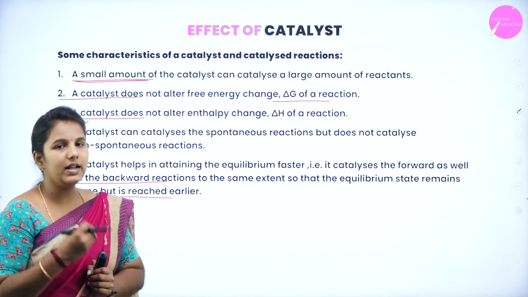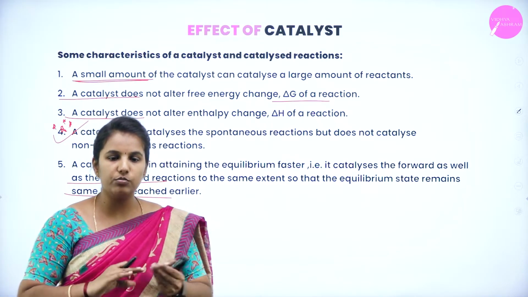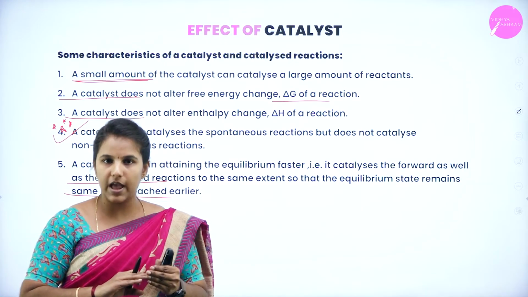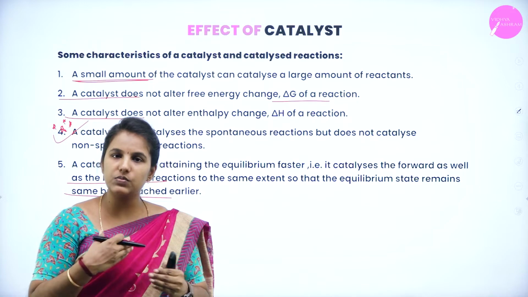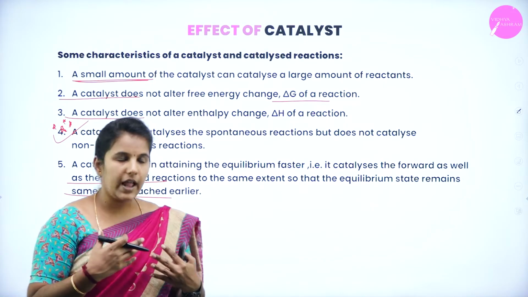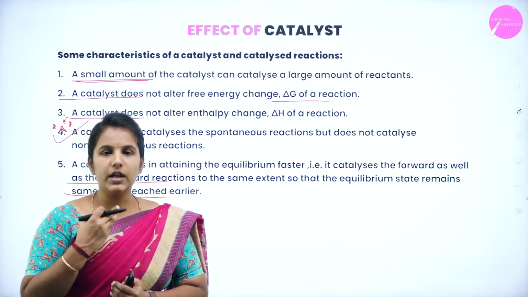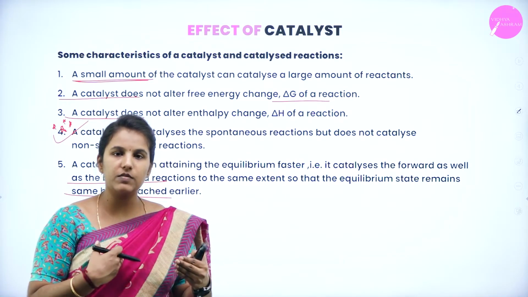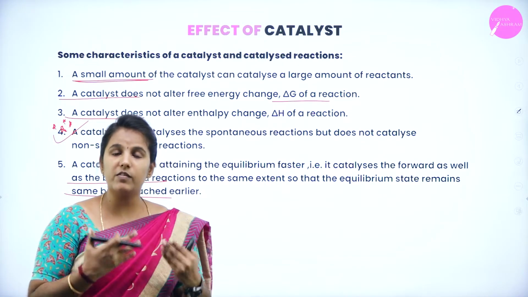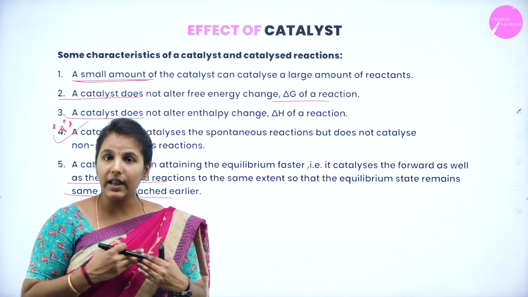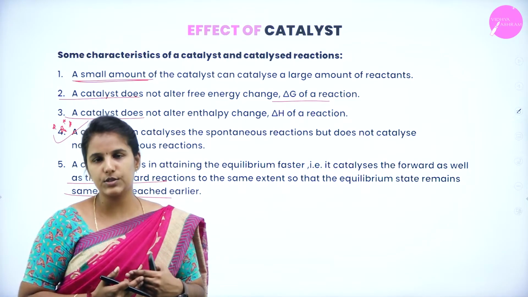So when you add the catalyst to a reversible reaction, we know that in a reversible reaction, both the forward and the backward reactions are happening. When you add the catalyst, the forward and the backward reactions take place at the same time, with the same extent. Once the forward and the backward reactions are happening simultaneously, equilibrium will exist.